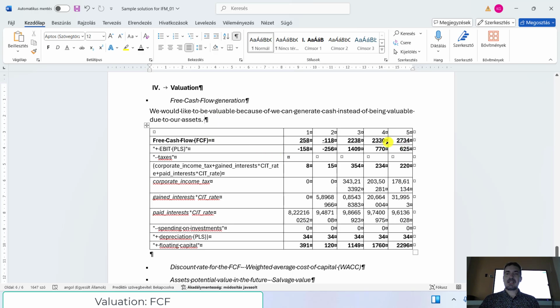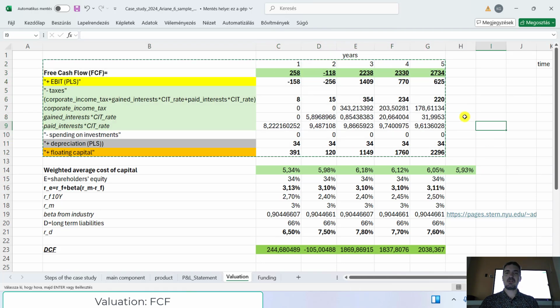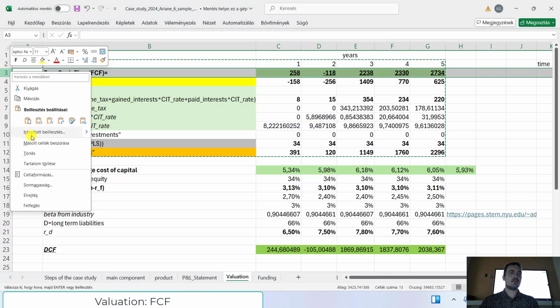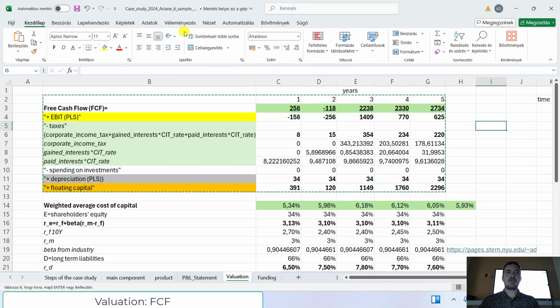So at the end of the day, maybe we can also create a graph to compare with the old one. So we should add an additional line here.